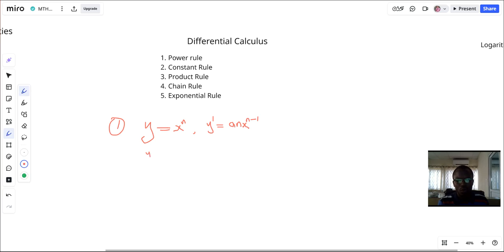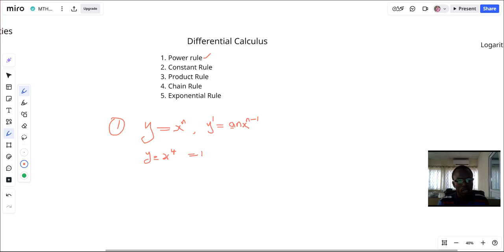Example, let's say y equals x power 4. This is a function with a power, so if you are asked to differentiate it, you have to apply the power rule of calculus. The coefficient a here is 1. We don't see it, but we know that it is there, and 1 times any number is the same number.